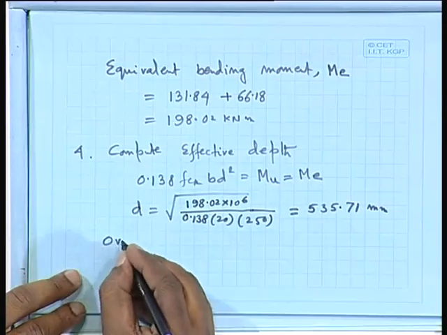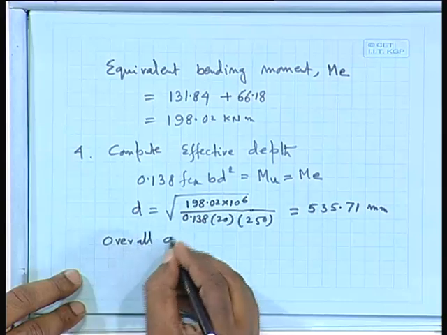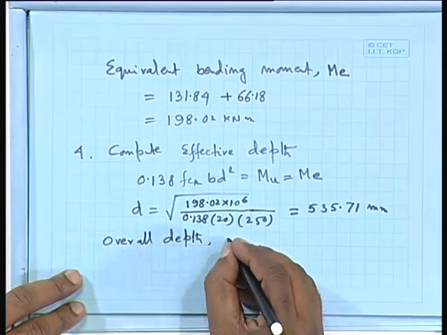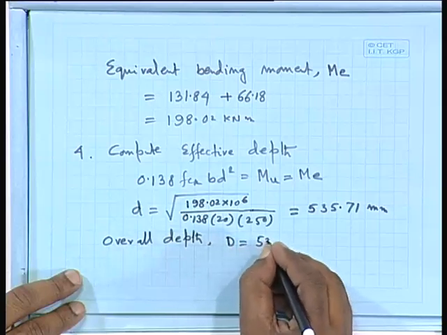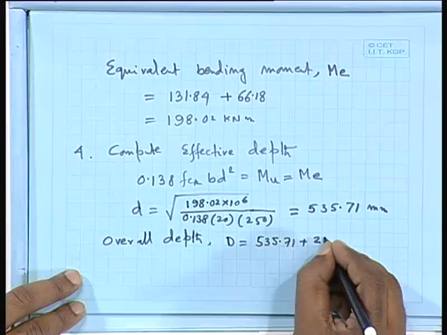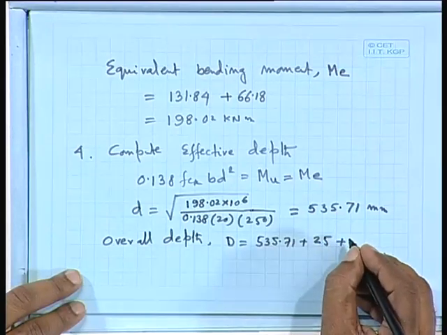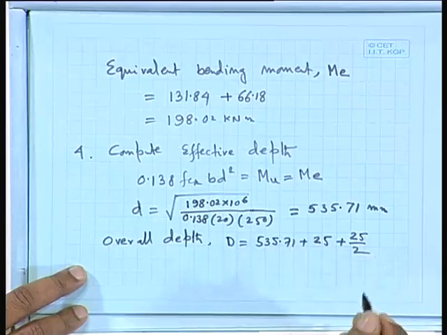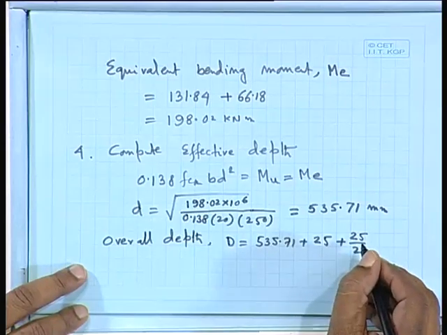Overall depth D equal to 535.71 plus 25 is the clear cover, plus let us take the bar diameter a little higher side, 25 by 2, that is a 25 millimeter dia bar, let us assume.